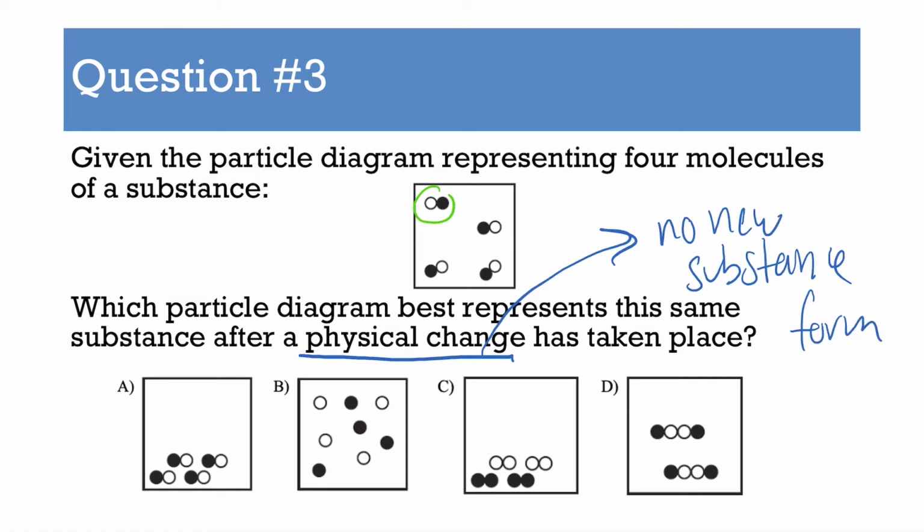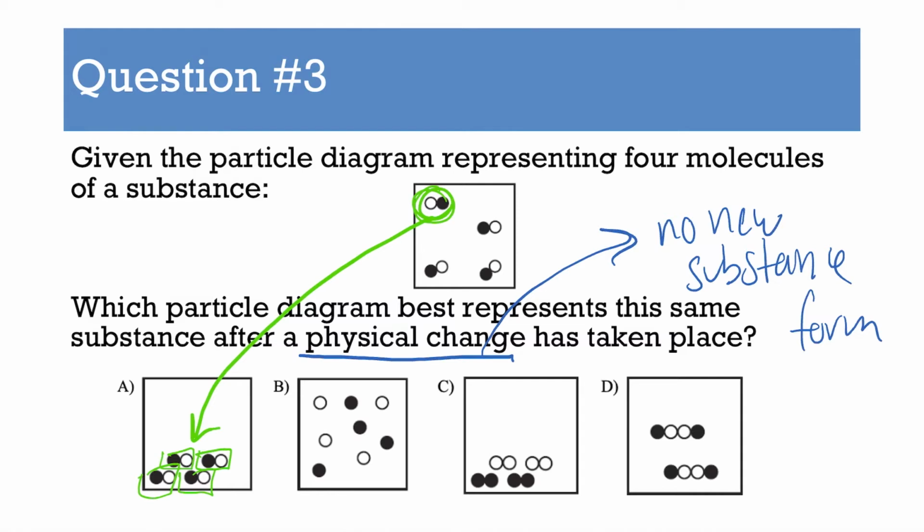So if we look at choice A, basically here we have a white and a black circle connected. So we still need a white and a black circle connected in our answer choice. So choice A, we have a black and white molecule, black and white, black and white. That looks just like this one. They look exactly the same. But let's just keep looking.